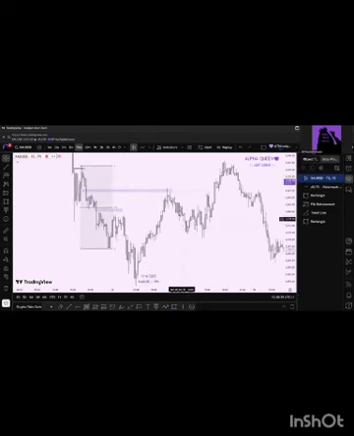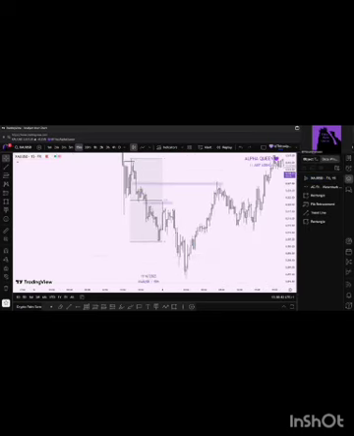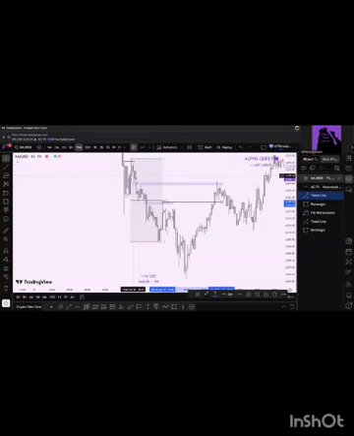Now, the reason why price did not sell to break the low is that, even though we are following the rule, remember this is our last order flow. I'm not counting this side as our last order flow, because we have this and this.